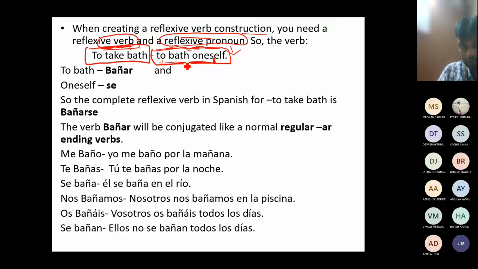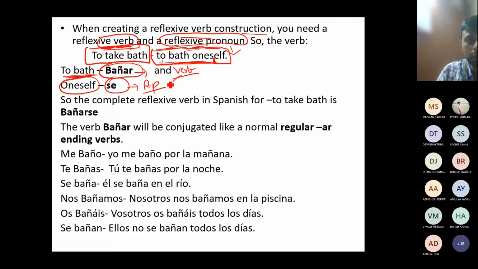This is just an explanation given in English, but the verb in Spanish is not the one written in English. Here, to bath is bañar, and oneself is se. So se is a reflexive pronoun and bañar is a normal verb.